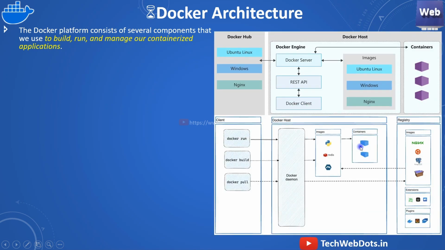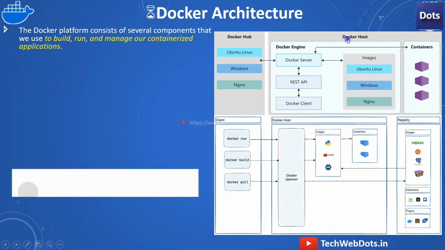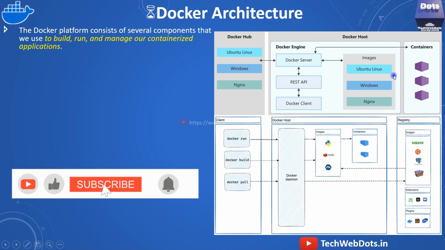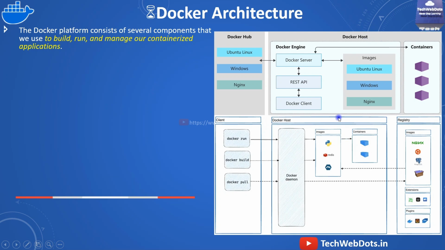So this is one diagram of the Docker architecture. There is another one provided by Microsoft. Things are the same, it is just a different way of representation. On the left hand side, we see Docker Hub, where we have the official images, whether based on Nginx, Windows, or Ubuntu Linux.